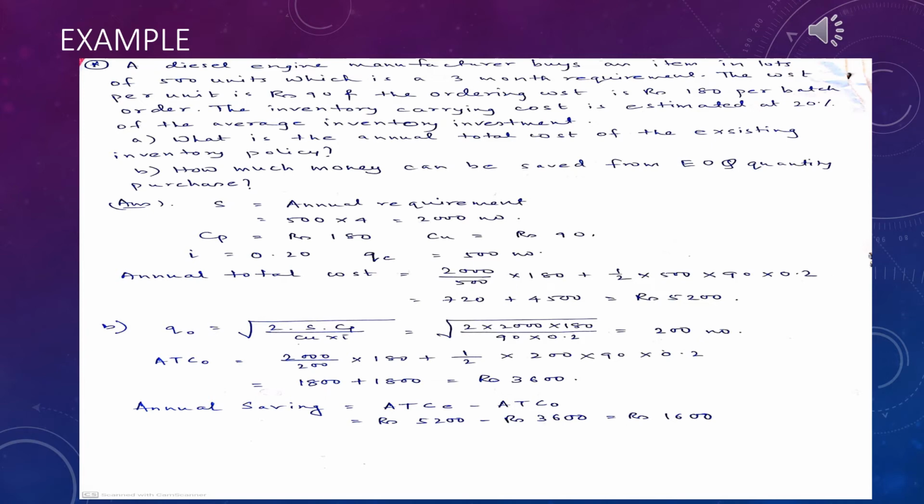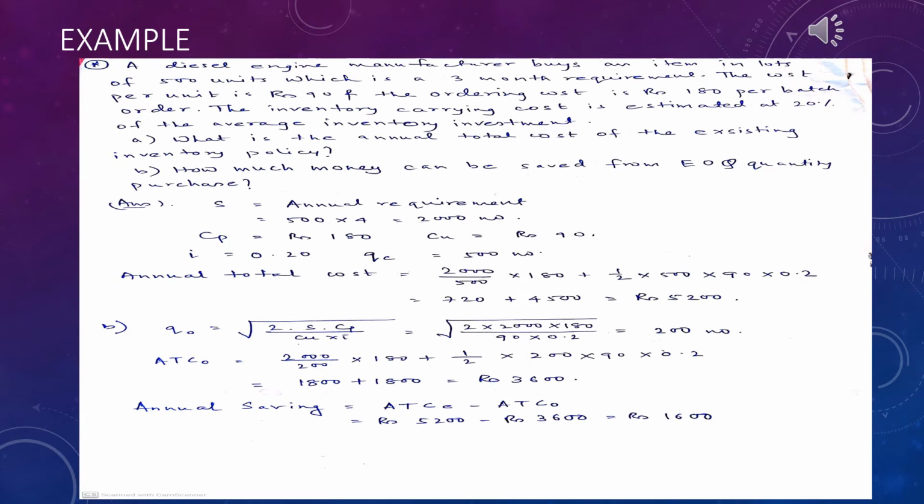The organization is purchasing 500 units per 3 months, so yearly, in 4 batches, 2000 units become our annual requirement, while cost of procurement is 180 and the cost per unit is rupees 90. Inventory carrying cost is given at 0.20 and the lot size is 500 units.